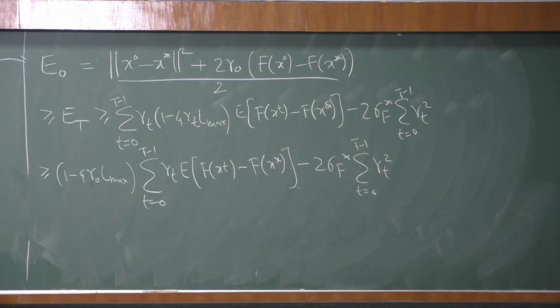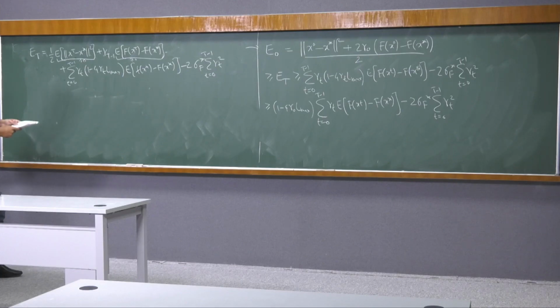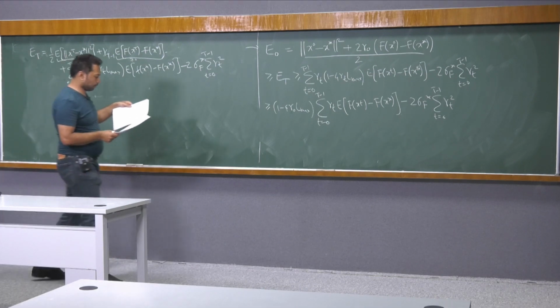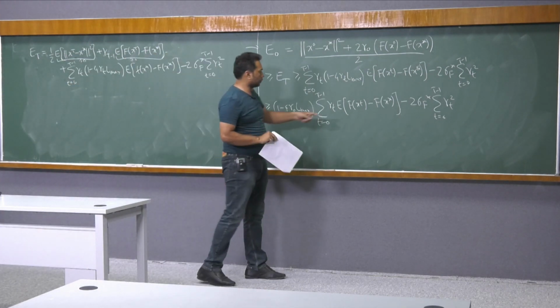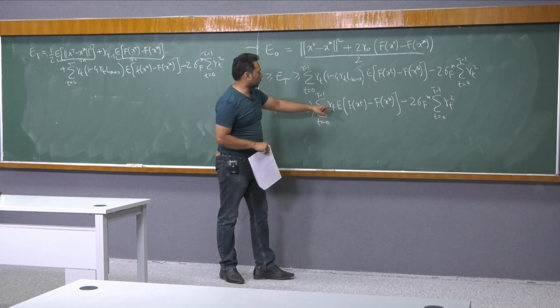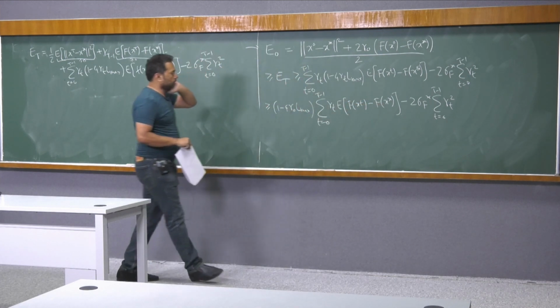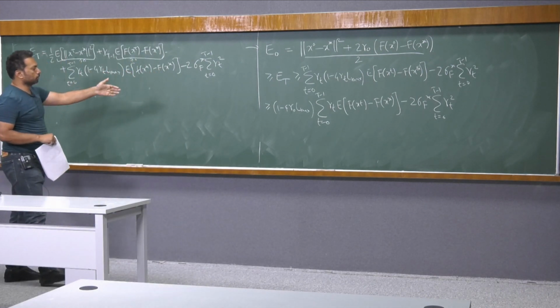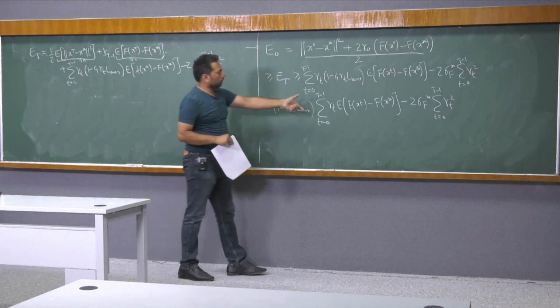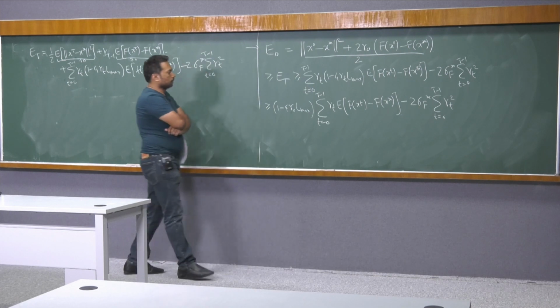So our original result was to prove a bound on the expectation of f(x bar) minus f(x star), that it is less than or equal to something, right? The usual trick that we have been using is that we go until here and then apply Jensen's inequality.